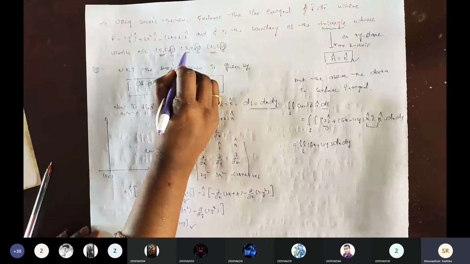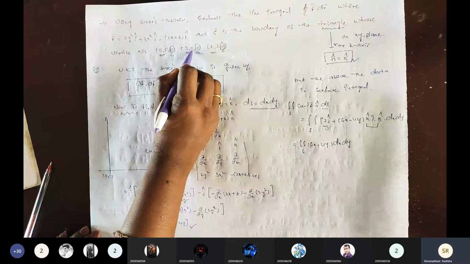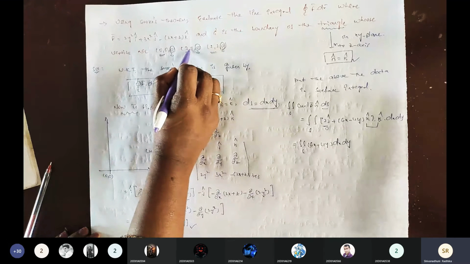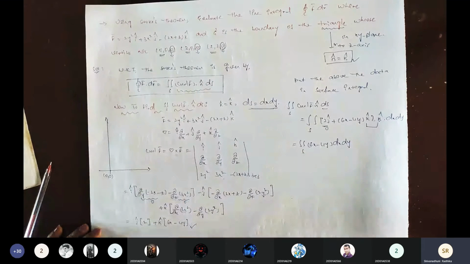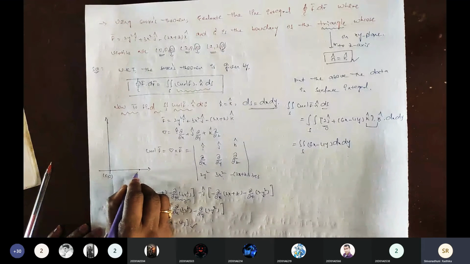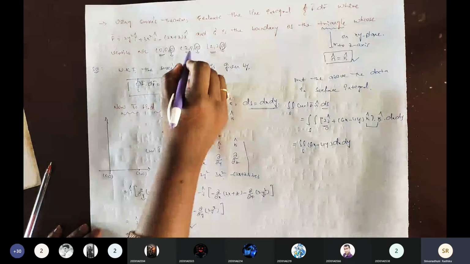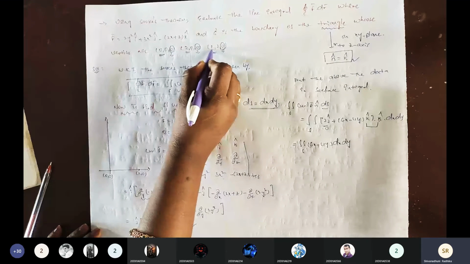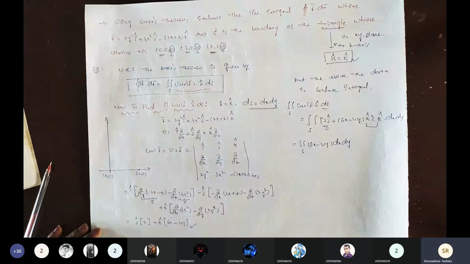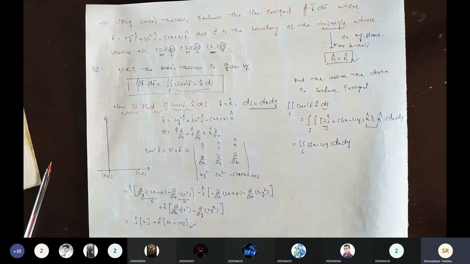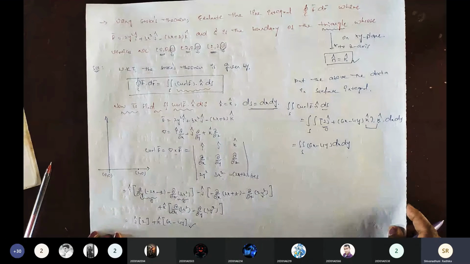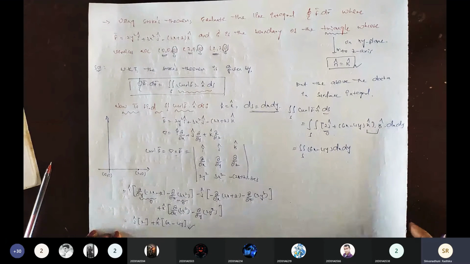Next, 2,0: x value is 2, y value is 0. This point lies on the x-axis only, right? Now this is the x-axis, that is 2,0. And 2,2: x value is 2, y value is 2. That is the intersection point of the x and y values.